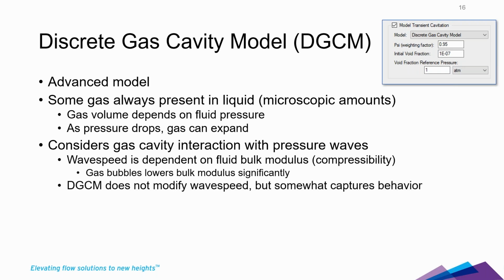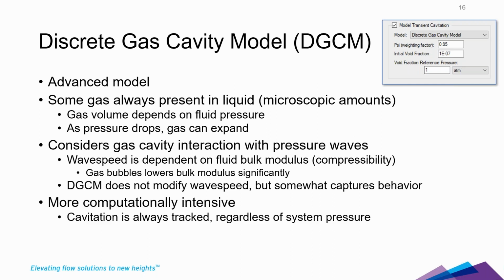The important thing to take away here is that, yes, it's more computationally intensive, but it allows pressure waves to not only reflect off of a vapor volume, but it also allows some waves to transmit through a vapor volume with the gas cavity model.